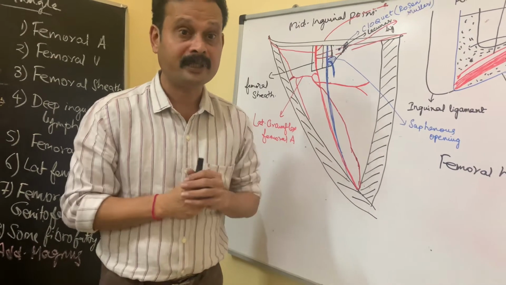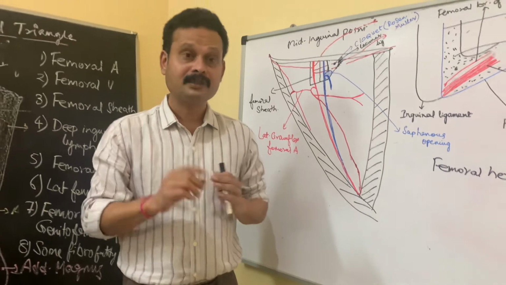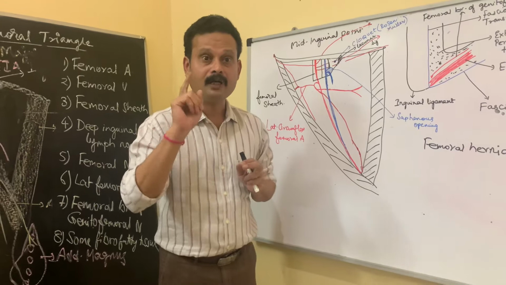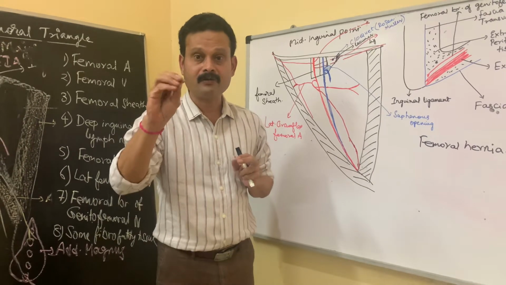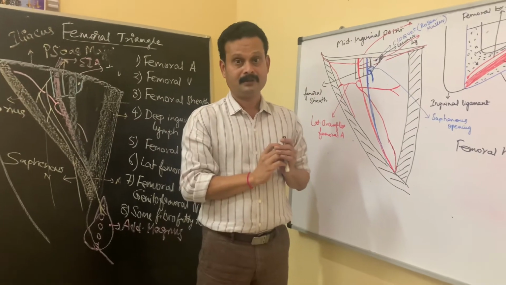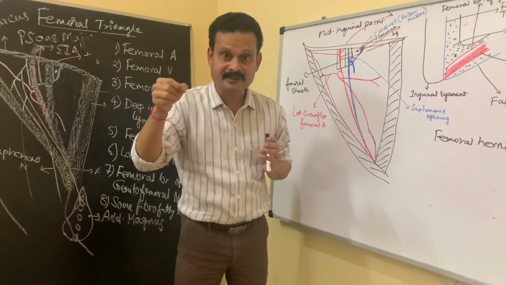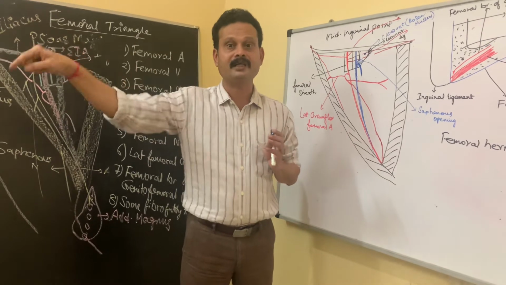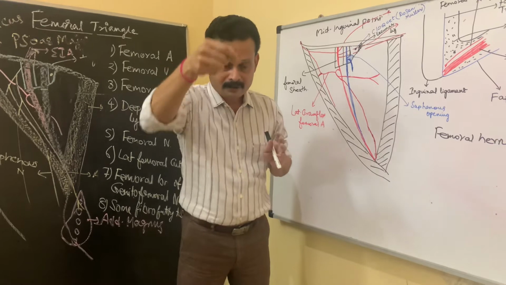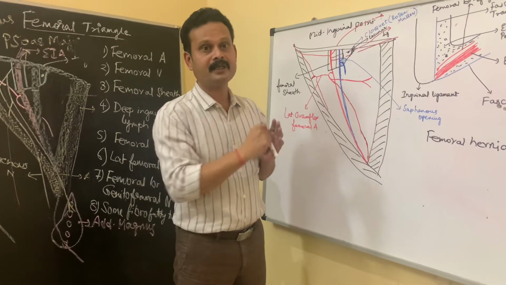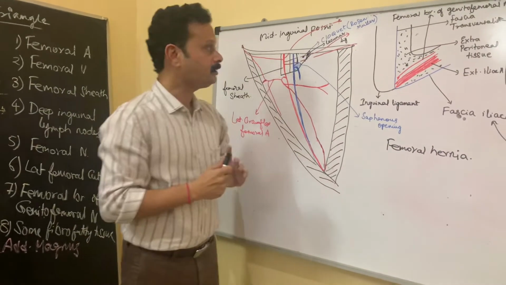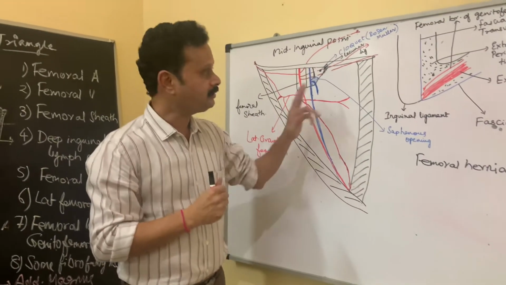But care has to be taken, because sometimes over the lacunar ligament an abnormal obturator artery in around 20 to 25% of people may be present. So check before incising the lacunar ligament whether that artery is present or not. If present, an incision might damage the artery, which results in profuse bleeding. Okay. So this is about the femoral canal and its applied aspect.